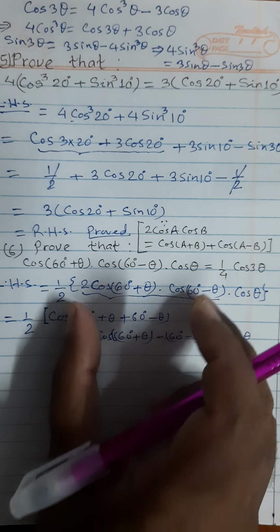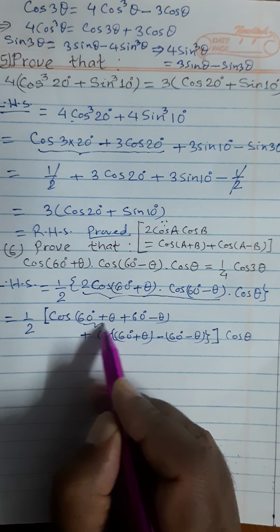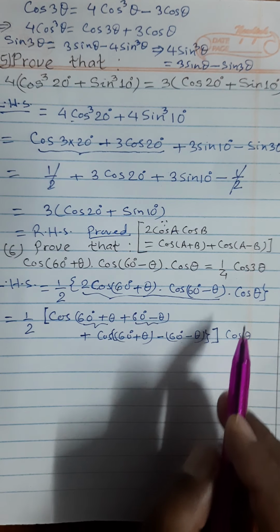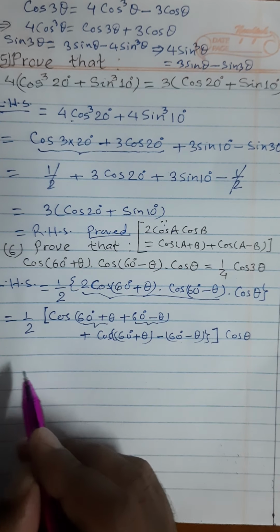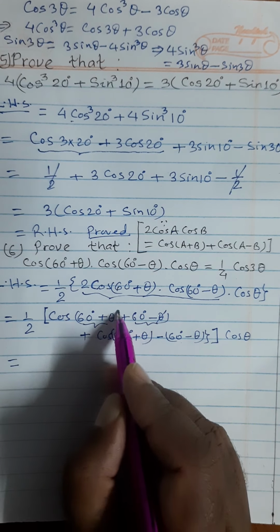Okay, for this we have used the cos A plus B, cos A minus B formula. This is just like A, this is just like B. This cos theta is outside there, and this implies now minus theta plus theta can be cancelled.